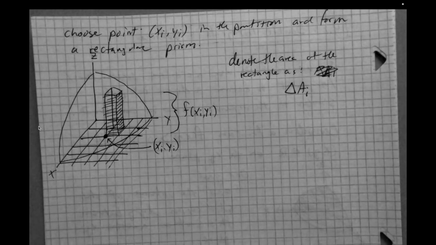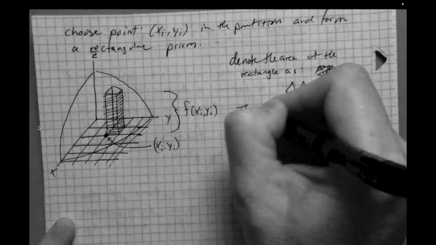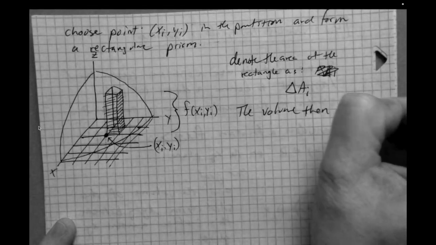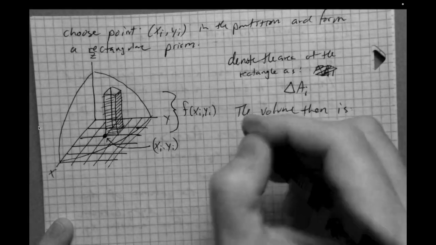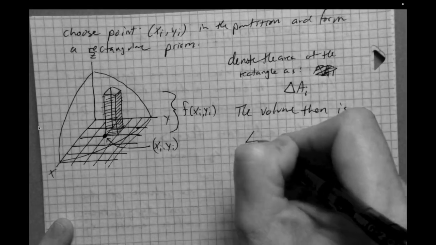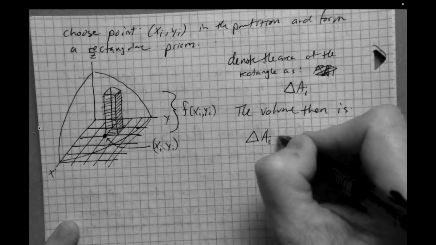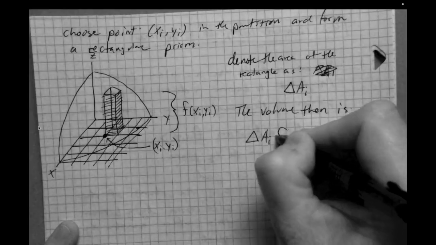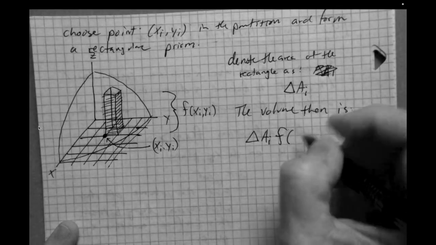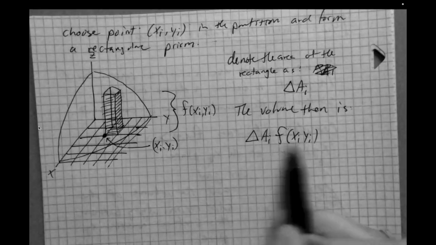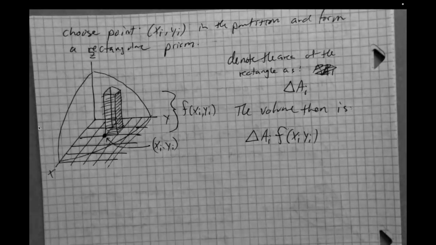If this is the area of the rectangle, then the volume of the ith prism is basically the base area, delta A sub i, times, and that's not the dot product, f of xi, yi. So it's basically the base area times the height. That's going to give you the volume of this prism.